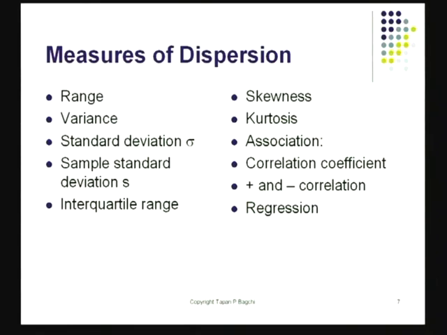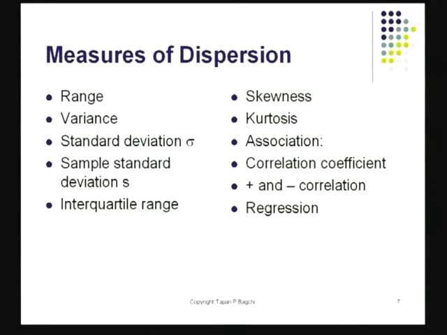Range is also a very good indicator of dispersion of the data. And of course, the measure that is theoretically most useful is the standard deviation, the square root of the variance of the data that you've collected. That also is something that we'll be looking at. Then we've got the population standard deviation, which is sigma, and then we've got the sample standard deviation.